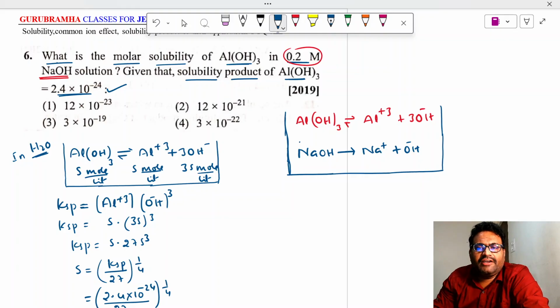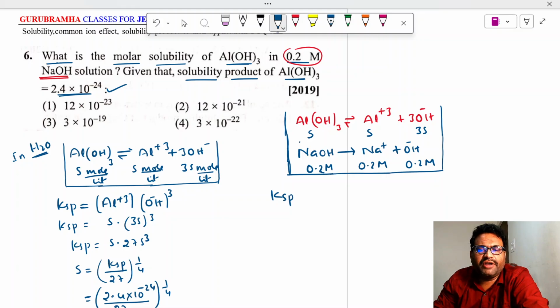In this container, S moles per liter, and 3S, but here it is 0.2 molar, and it dissociates completely to produce 0.2 molar OH minus. Right? Now can you write Ksp? Ksp of aluminium hydroxide is equal to the Al plus 3 concentration into the OH minus ion concentration whole power 3.